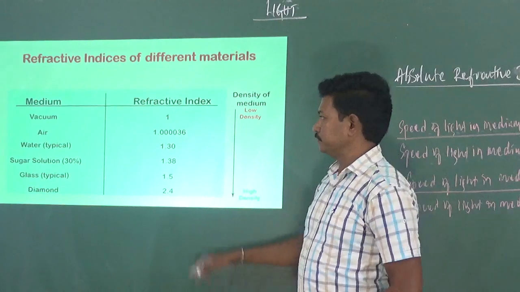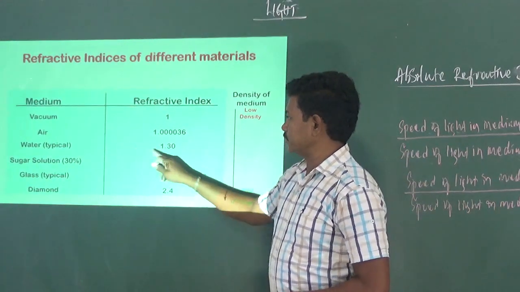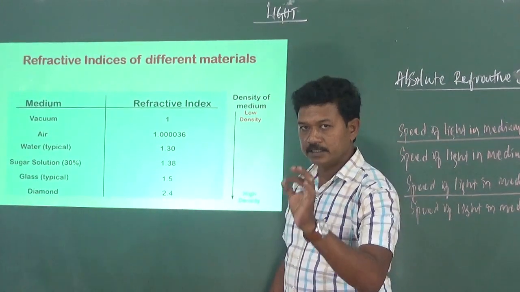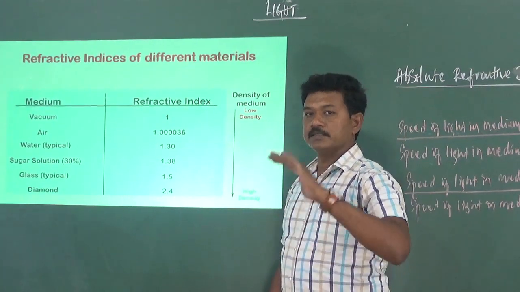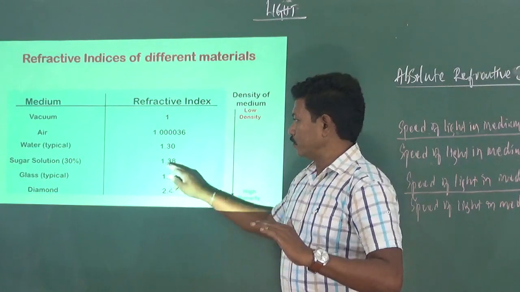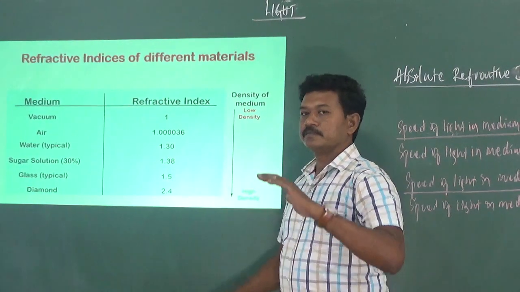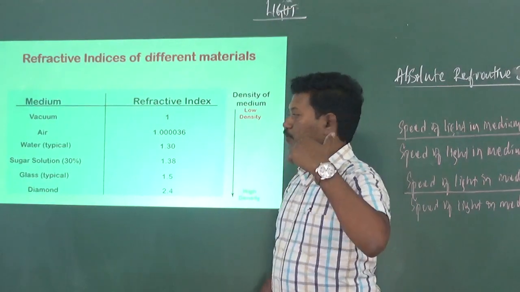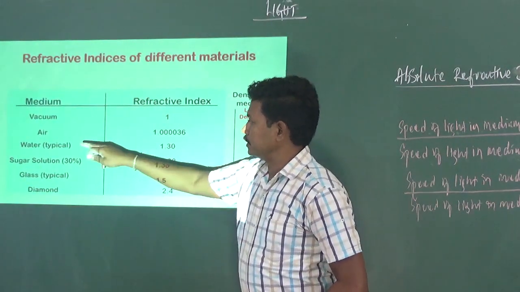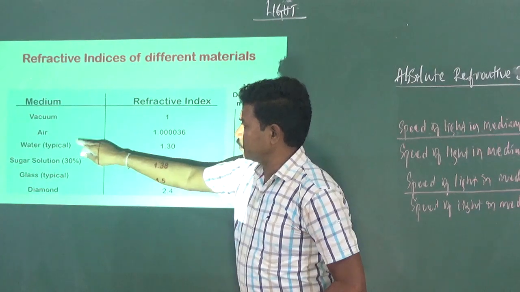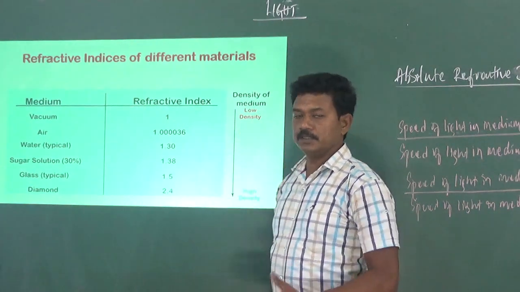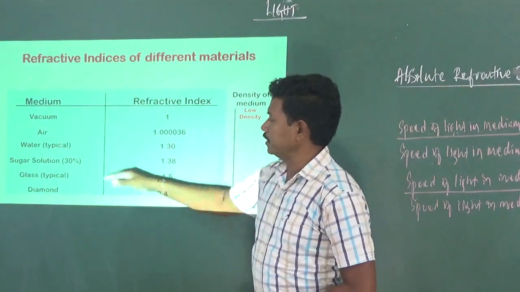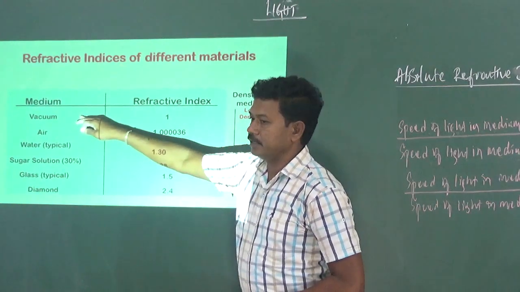Once again, the refractive index of water is 1.30, which means light travels 1.30 times faster in vacuum than in water.